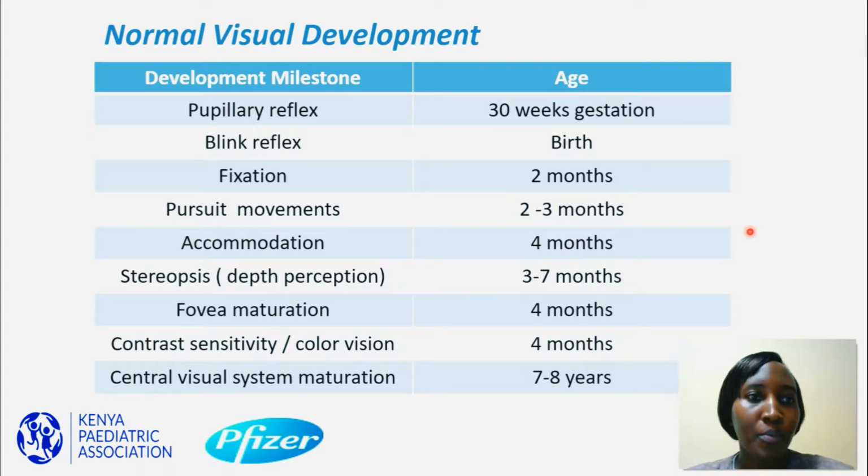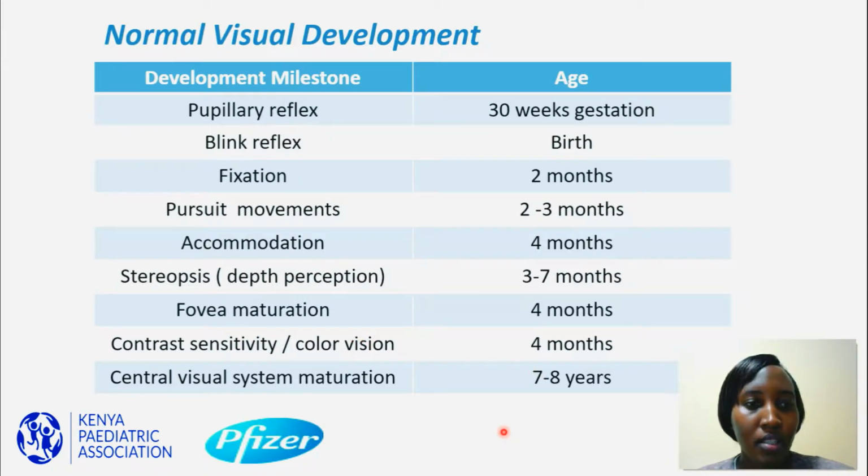In terms of normal development in children, the pupillary reflex develops quite early, and by 30 weeks of gestation, the babies have pupillary response. Most of the visual functions develop between birth and 4 months of age.